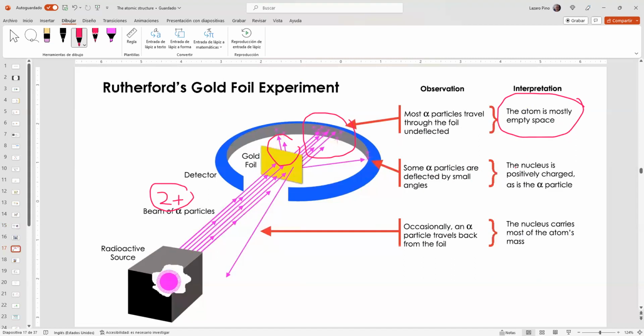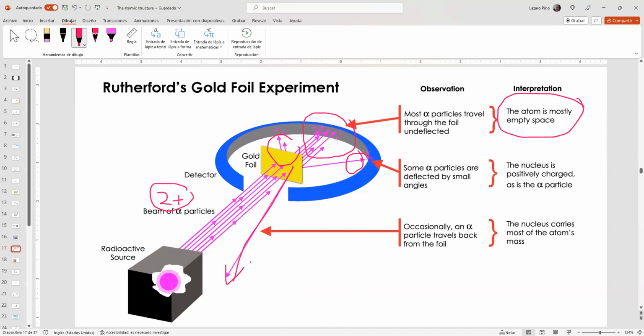Then it means that the nucleus is positively charged, and that's why some of the alpha particles were deflected when they went very close to the nucleus of the atom, and only a few were traveling back. It means that they bumped into the nucleus, and positive repels positive.